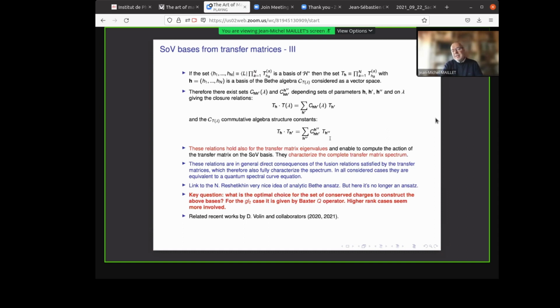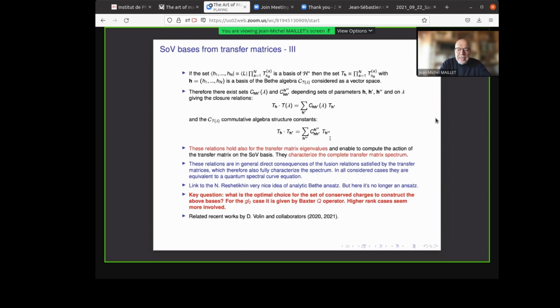And in fact, in all cases we looked at, they fully characterize a complete transfer matrix spectrum. So these relations usually, and I will show in examples, are just direct consequences of fusion relations satisfied by transfer matrices, and also they are equivalent in general to some quantum spectral curve equation.